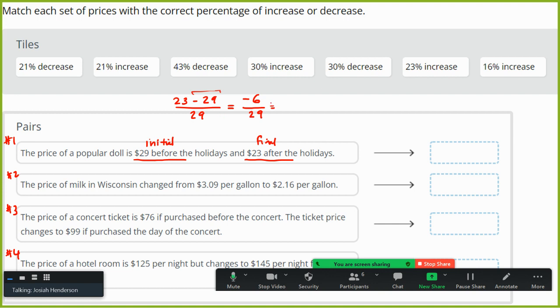Now, I want you guys to try that in your calculators next. Use a calculator. Use Google Calculator or your phones. Do -6 divided by 29. And we're going to get a decimal. Tell me what you get, please. Okay, good. I see someone answered.